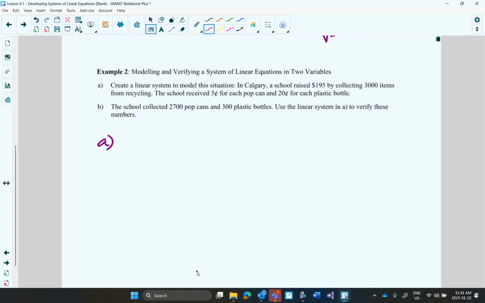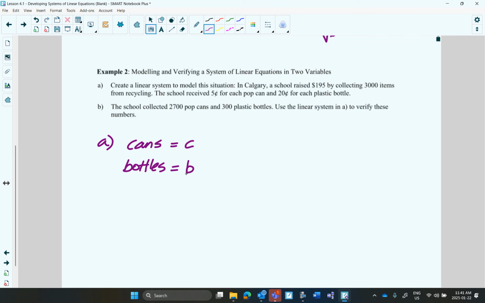What don't I know? How many there are. Cans and plastic bottles. So we'll just put cans and bottles, and we'll call them C and B. You can call them whatever letter you want.